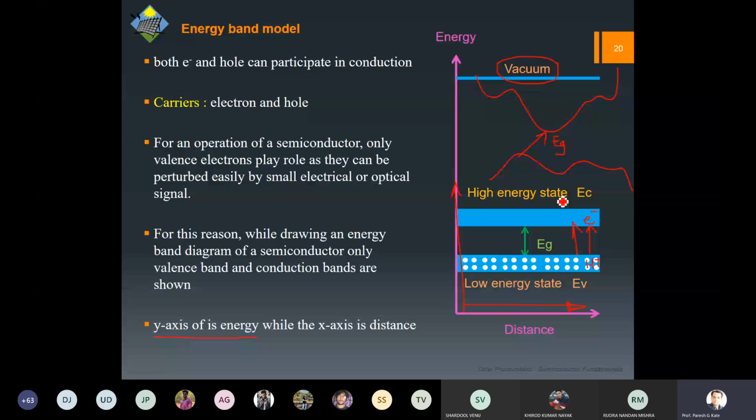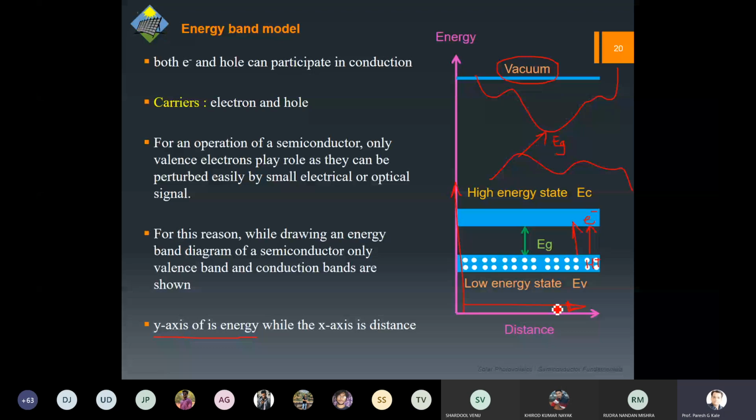Do you remember our formula for the energy? Do you remember the expression, minus 13.6 divided by n square? Correct? Yes. So what is that? Vacuum means you are going absolutely away from your lower state, right? And what do you mean by vacuum?